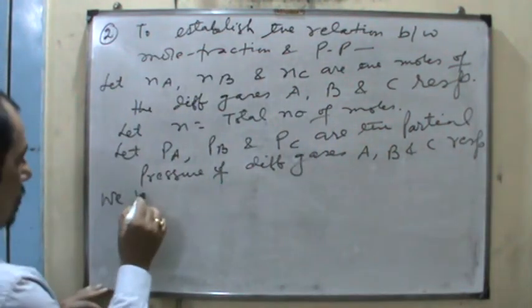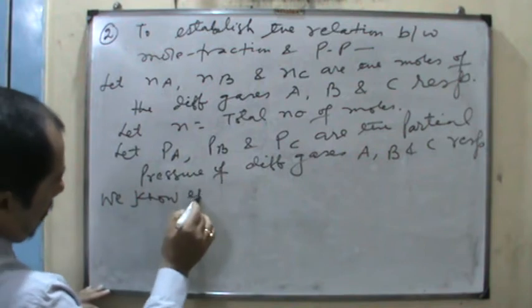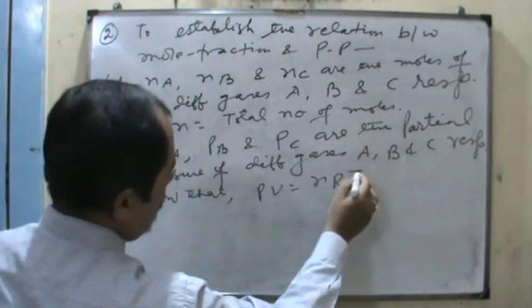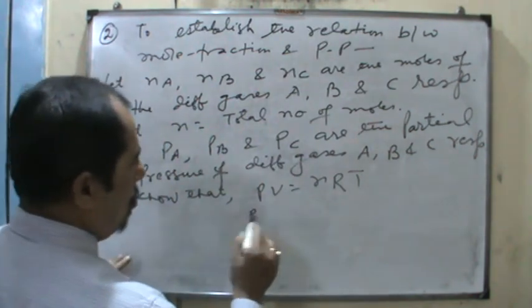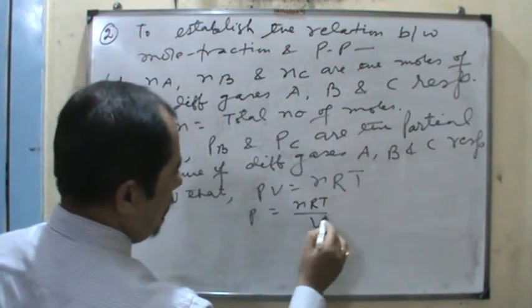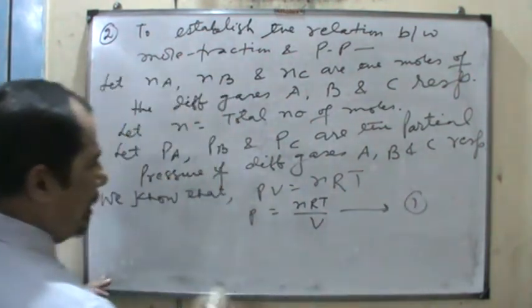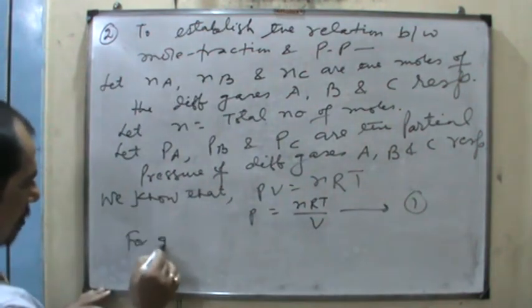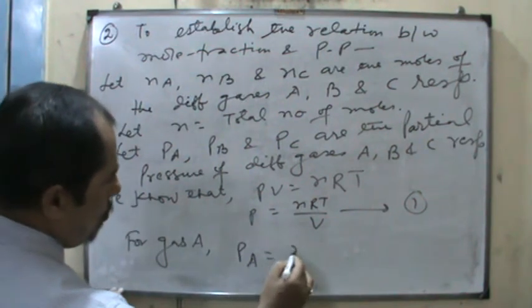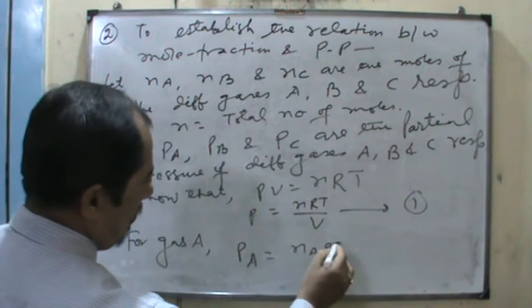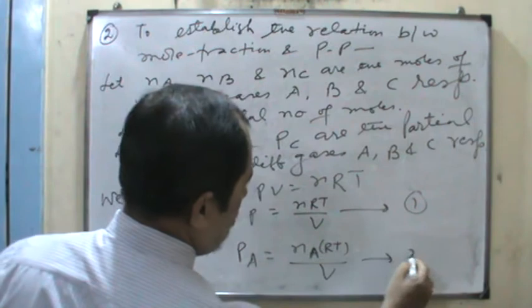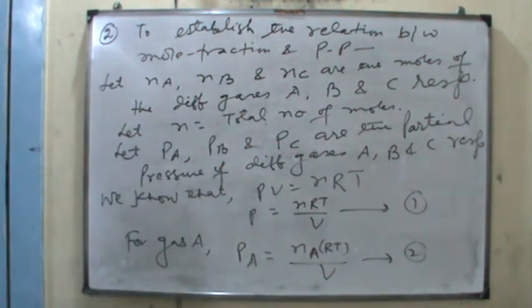We know that PV equals nRT. So P is equal to nRT by V. This is equation 1. For gas A, Pa is equal to nA RT upon V. This is equation 2.